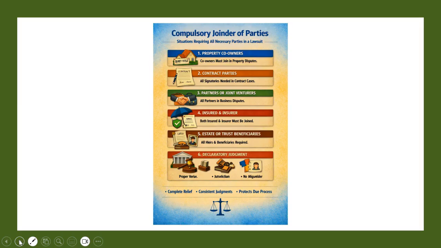Compulsory, meaning these are situations requiring all necessary parties in a lawsuit. Property ownership is a big one. Co-owners need to join all property owners in a dispute. In a contract situation, all signatories are needed in contract cases.